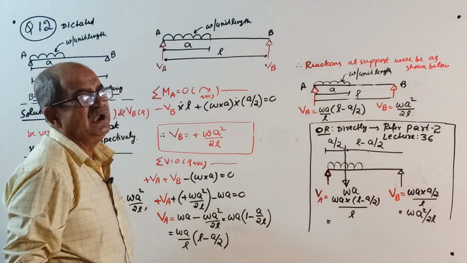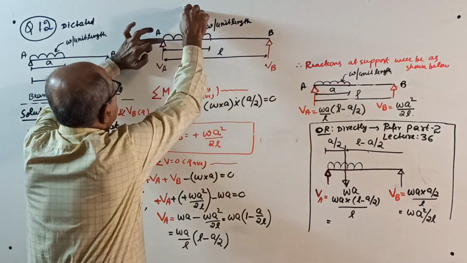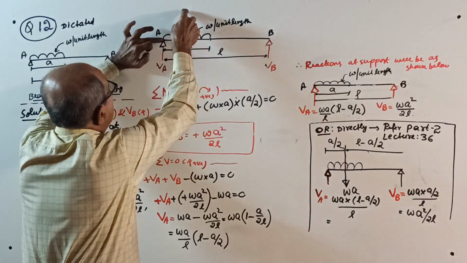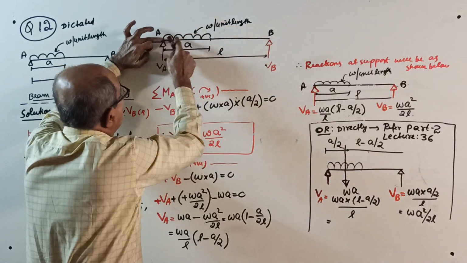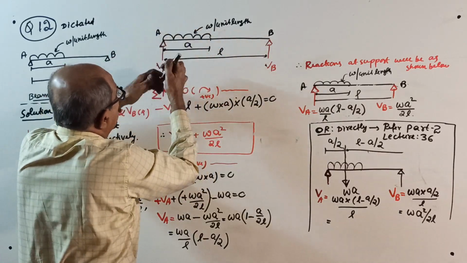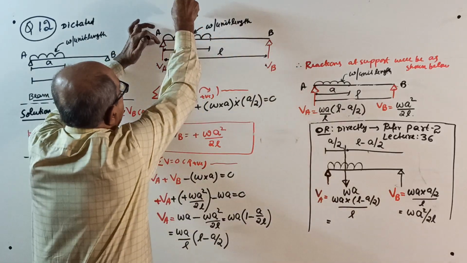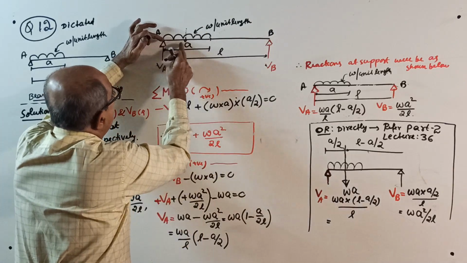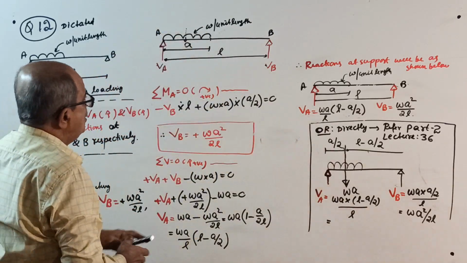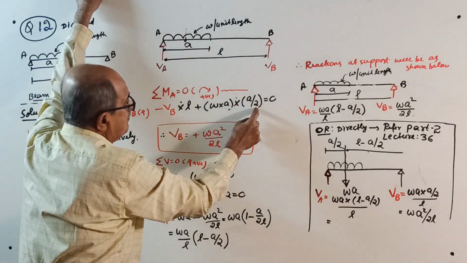This was explained thousands of times earlier. Total load W into A acts at the center, at A by 2, equal to 0. Your VB will come: WA into A by 2 is WA square by 2.